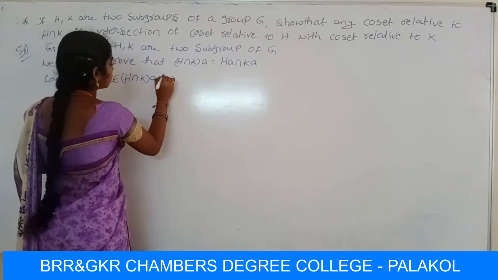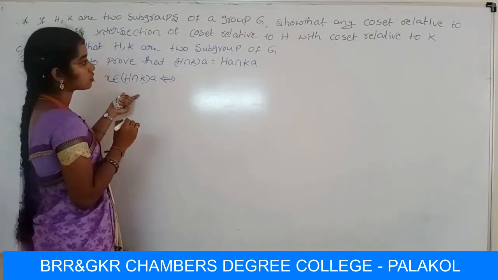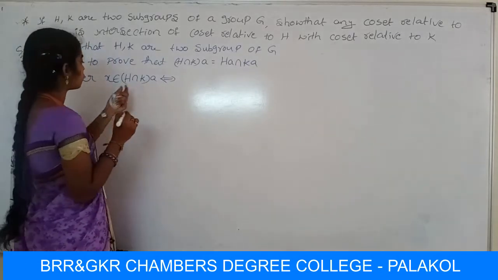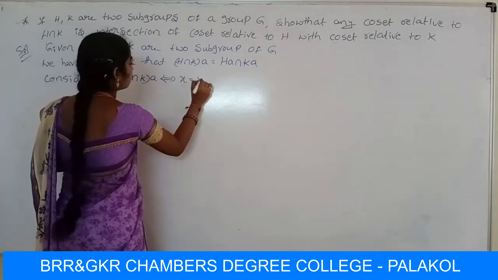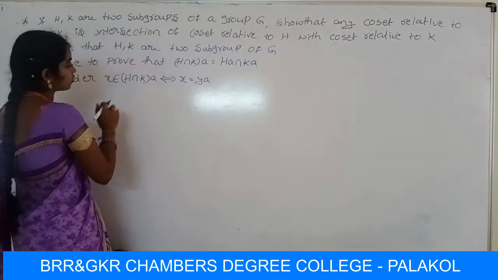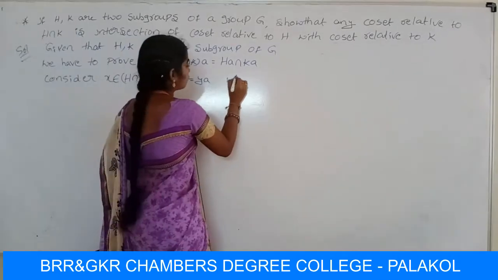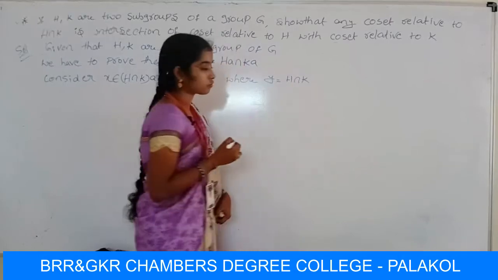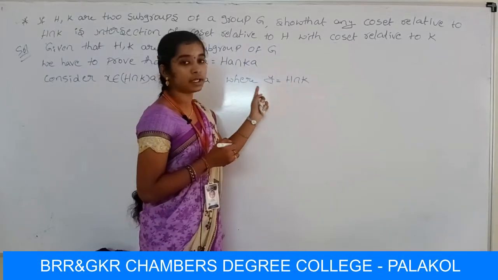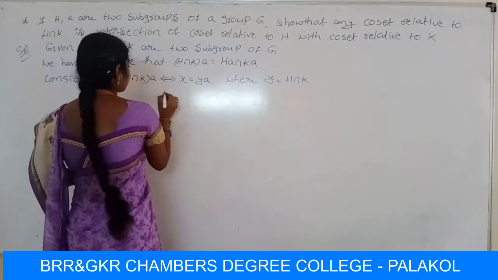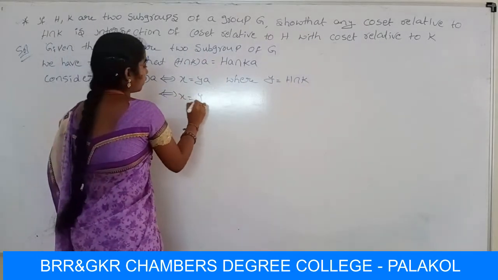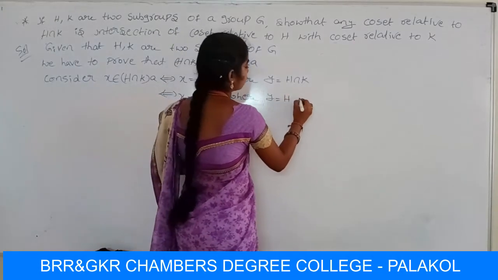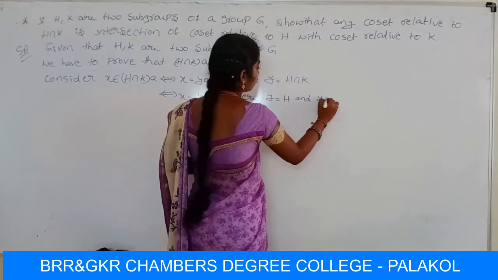So it can be written as x equal to yA, where y belongs to H intersection K. So y is the common element in H and K. So it can be written as x equal to yA, where y belongs to H and y belongs to K.